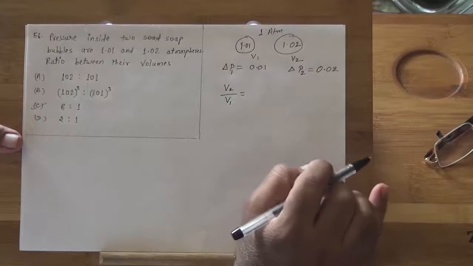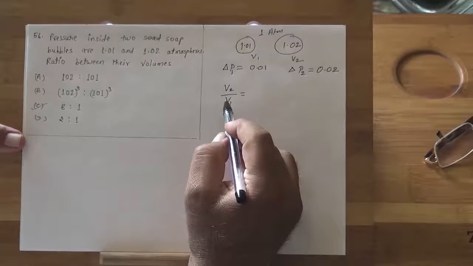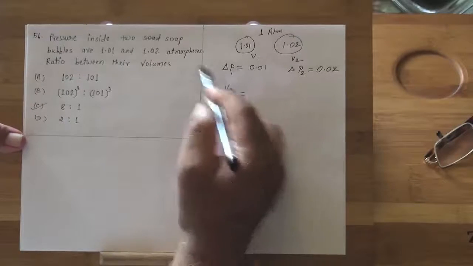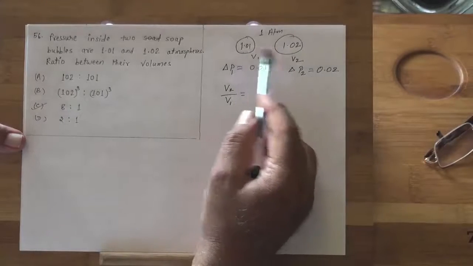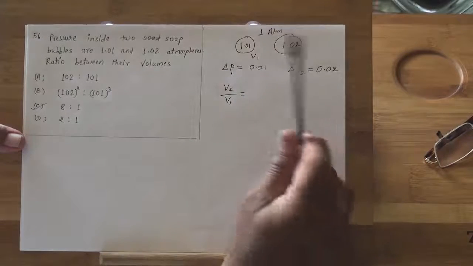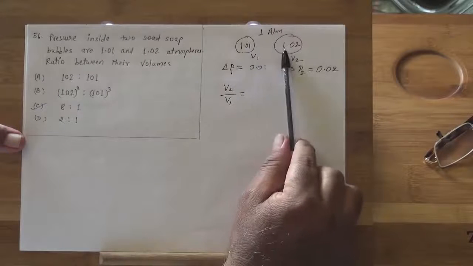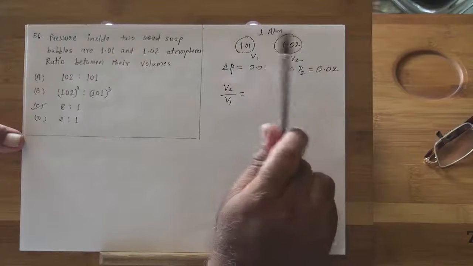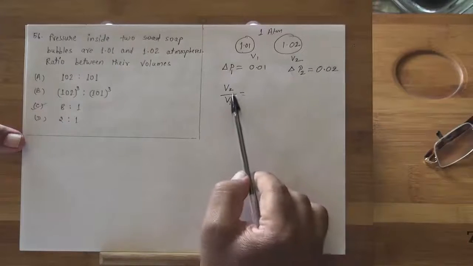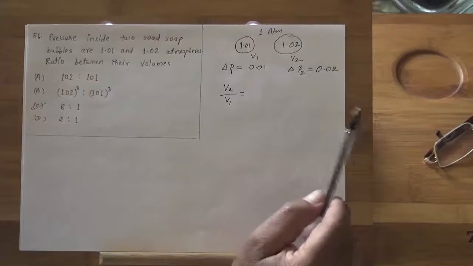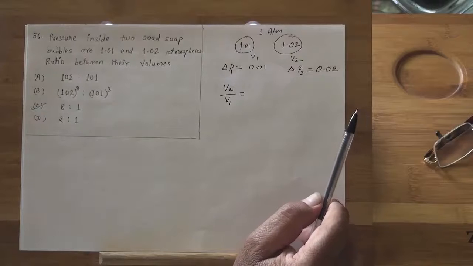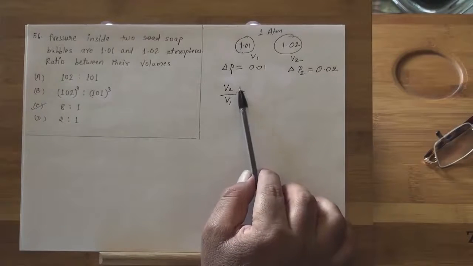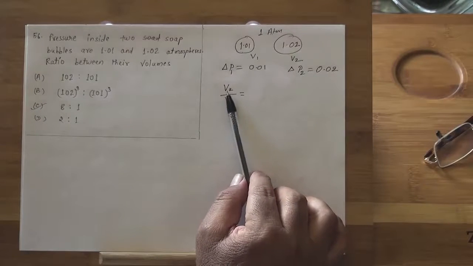Which component of the volume can be related to pressure or to surface tension? Surface tension is constant for both. Excess pressure is different. Excess pressure depends upon radius, and volume also depends upon radius. So we have to think about that quantity which relates the two. Volume is made from radius, and pressure has a relation with radius, so we will convert these in the language of radius.